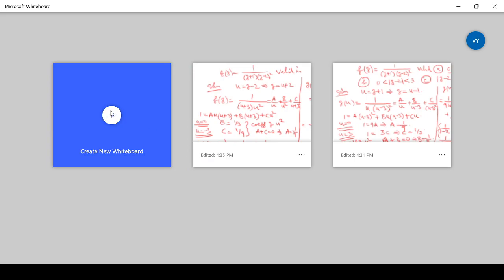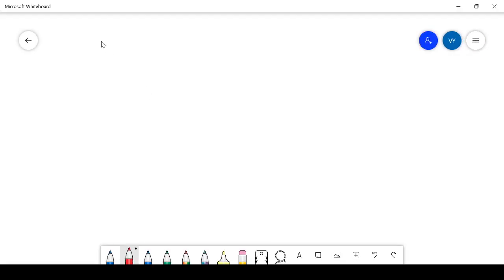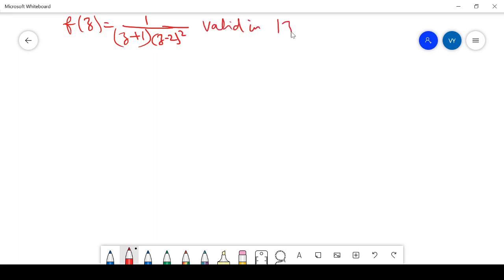Now for the third part, again you require the expansion of f of z, which is equal to 1 divided by z plus 1 into z minus 2 the whole square, valid in mod z minus 2 greater than 3. Okay.